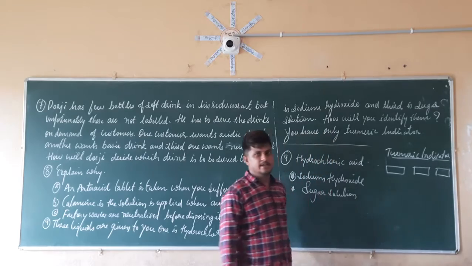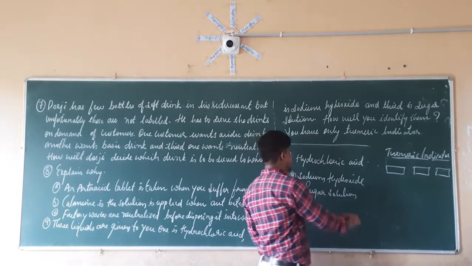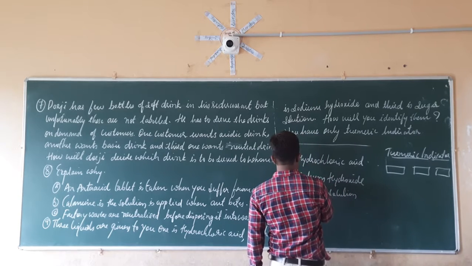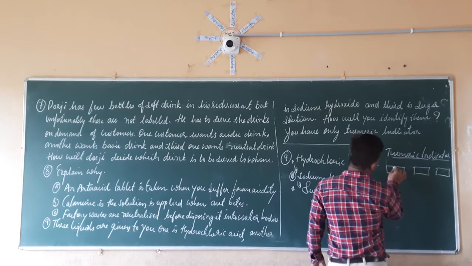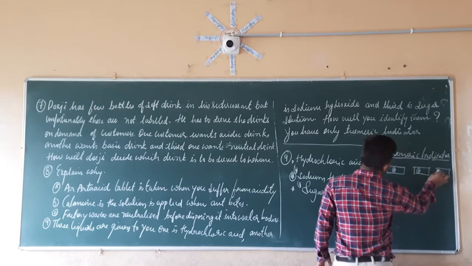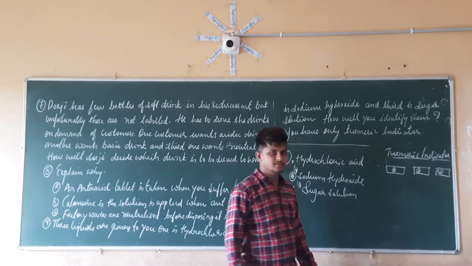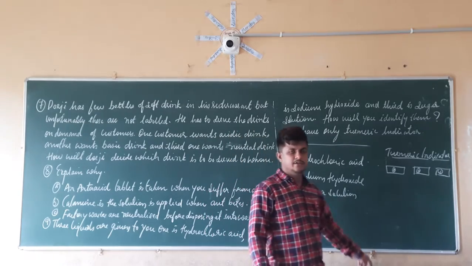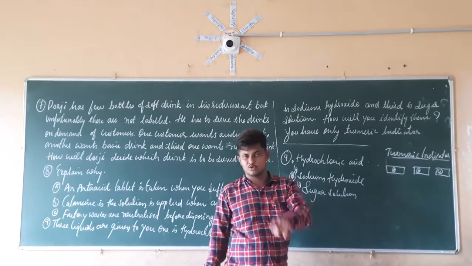On those 3 strips, we are going to add a few drops of the solutions. Let these be A, B, and C. A few drops of A, a few drops of B, and a few drops of C. We already know that turmeric indicator reacts with the base solution only.